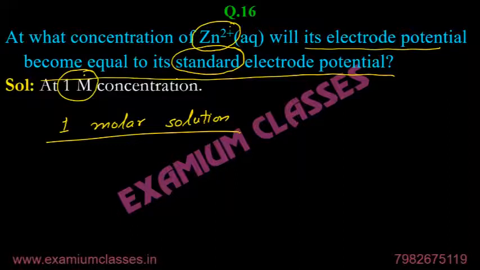That is when the concentrations of all the species are 1 M. So here we have only Zn2 plus. So its concentration will be 1 M, then it will be standard electrode potential.